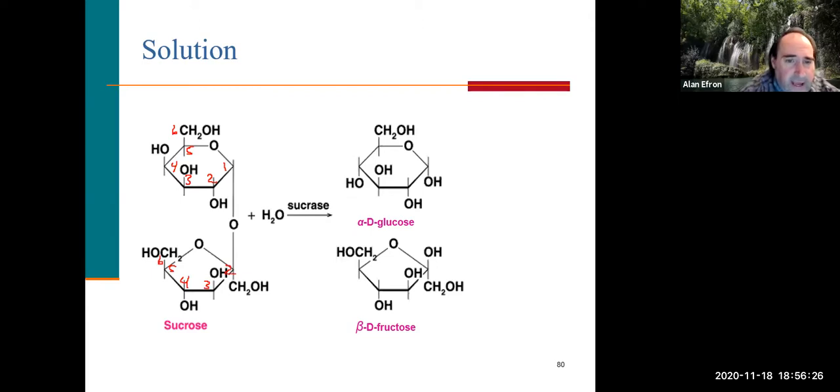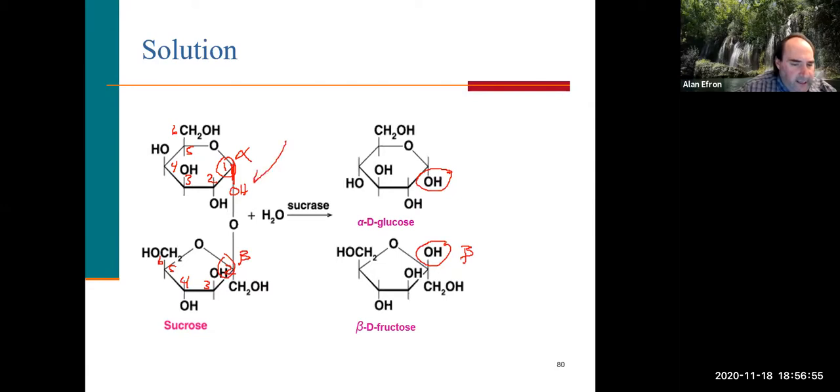And this is why we have our numbering like we saw there as our alpha, because this guy has the OH group coming down originally, as you can see here, alpha 1, and this guy has the OH group coming up, which is our beta, and that's how we get our alpha beta 1,2 bond here between carbon 1 and carbon 2 in this linkage.